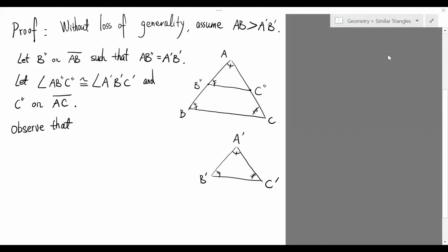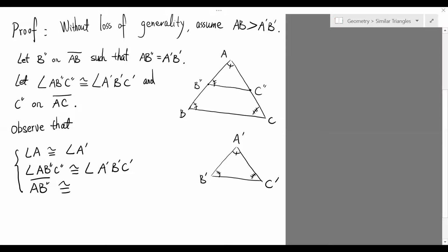Under these conditions, we have the angle A congruent to the angle A prime, the angle AB double prime C double prime congruent to the angle A prime B prime C prime, and the side AB double prime congruent to the side A prime B prime.